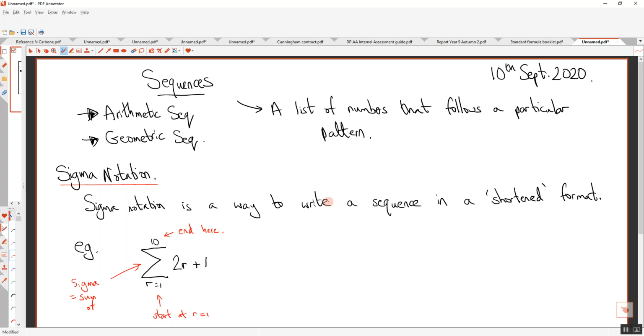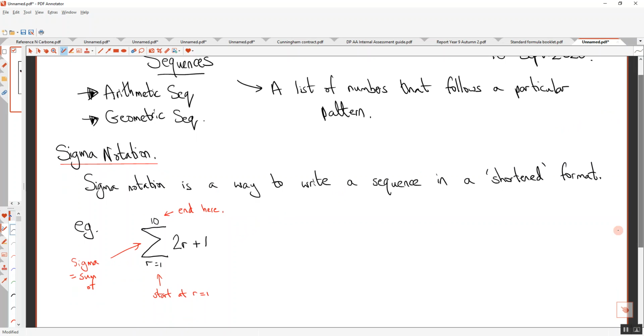And you go by integer values. What's an integer? A whole number. Good. Does that include negative numbers? Yes. Good.